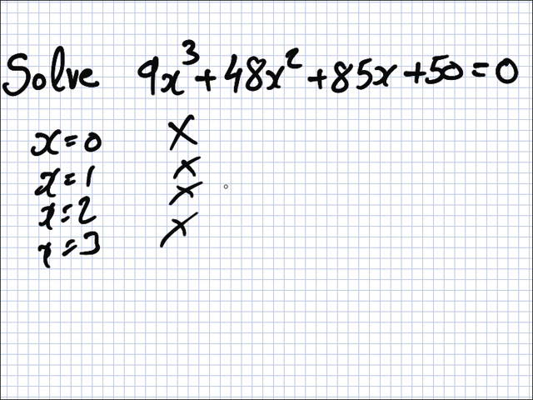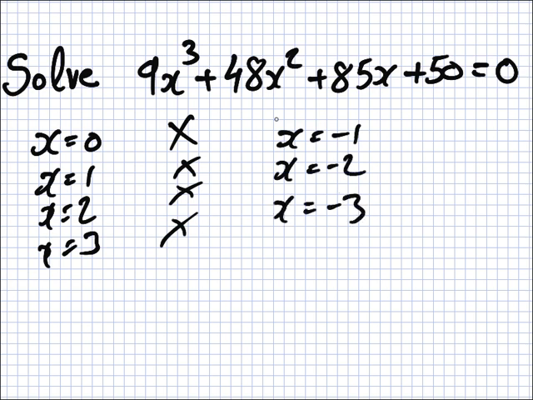Yeah. They're all positive. And everything in the equation is positive. There's no way you can add 4 positive numbers together and get 0. It's impossible. So the only values that are worth trying are -1, -2, and -3.